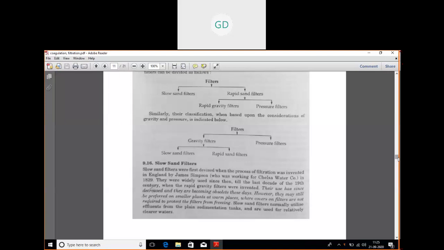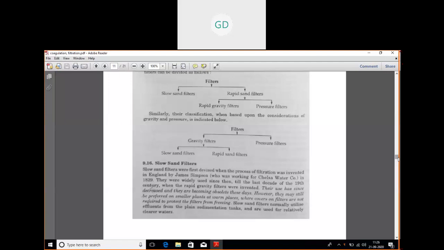A slow sand filter requires a huge area for installation, so you will require a huge surface area, and obviously a huge surface area means you will need a huge amount of filter materials like sand and gravel.